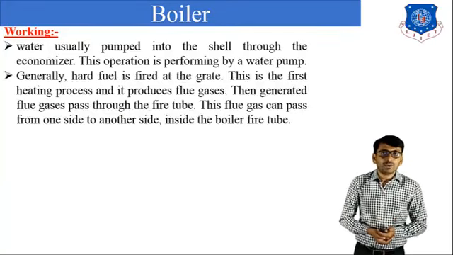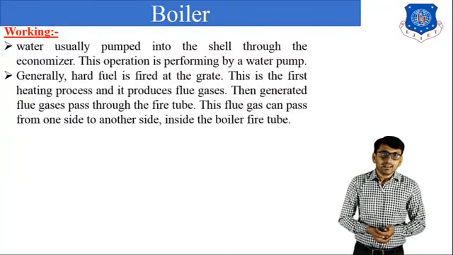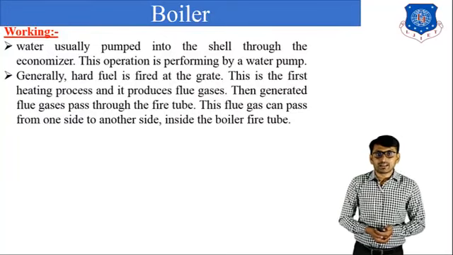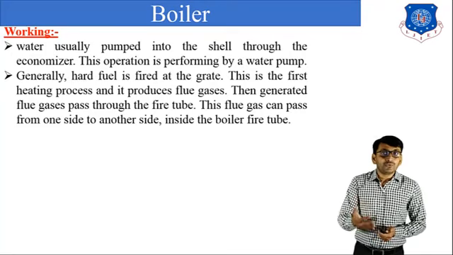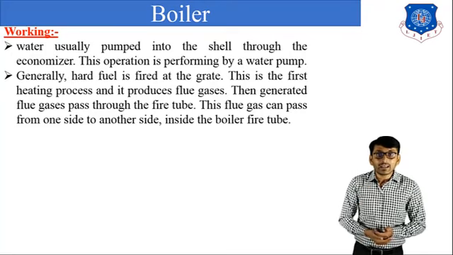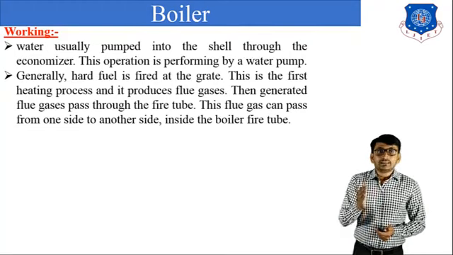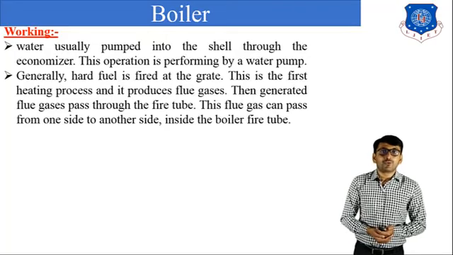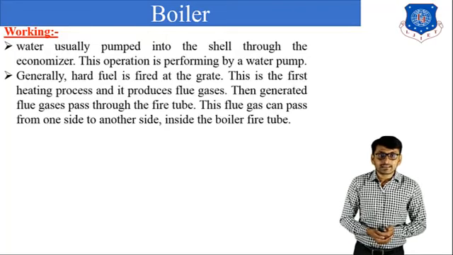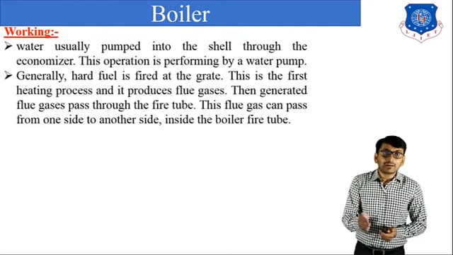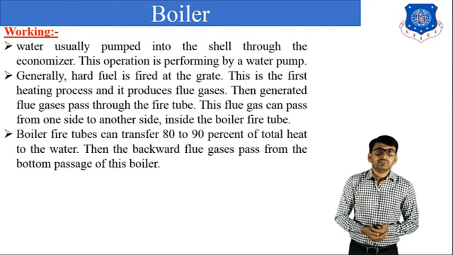Generally, hard fuel is fired at the grate. This is the first heating process and it produces flue gas, a high temperature gas. Then the generated flue gas passes through the main pipeline. This flue gas passes from one side to the other inside the boiler fire tube.